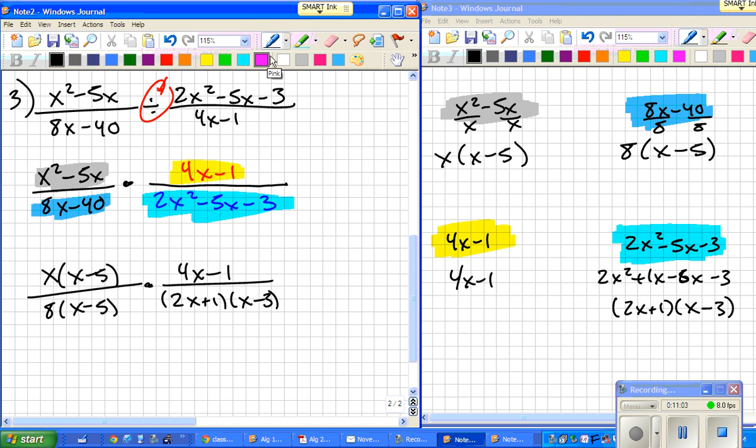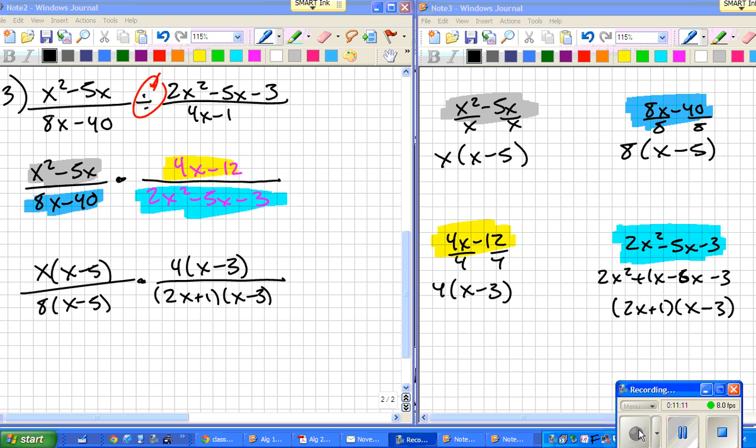Now, what cancels? Go ahead and think and see what you can do. Well, on further examination of this, hopefully you guys were yelling at me. I forgot that that was supposed to be a 12. So that factors out to 4x minus 3. So your x minus 3 and your x minus 3 cancel.